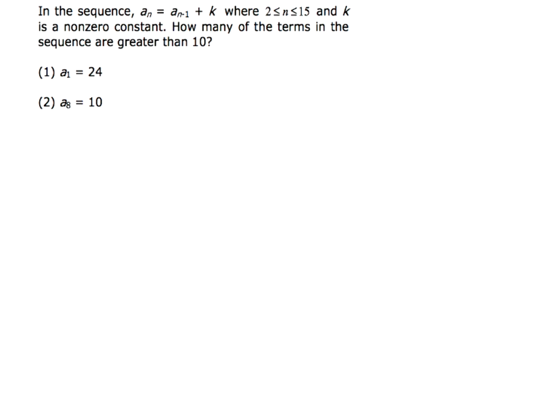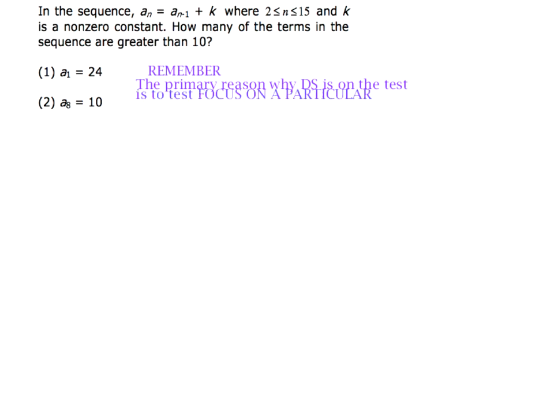Remember that the primary purpose of data sufficiency problems is not to test mathematics. The primary reason why data sufficiency is on the test is to test focus on a particular goal. So in this case, that goal is how many of the terms are greater than 10. Notice what the goal is not.